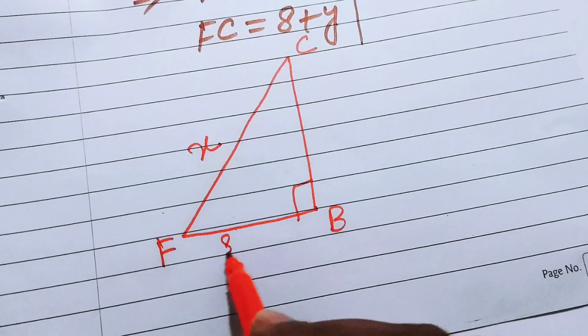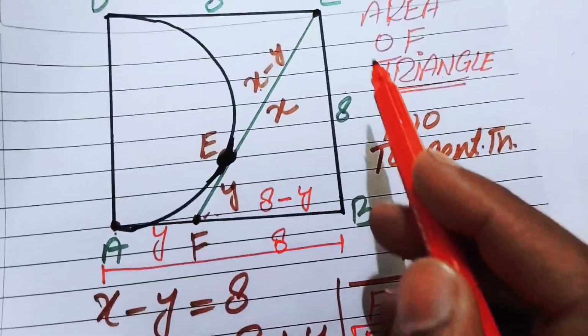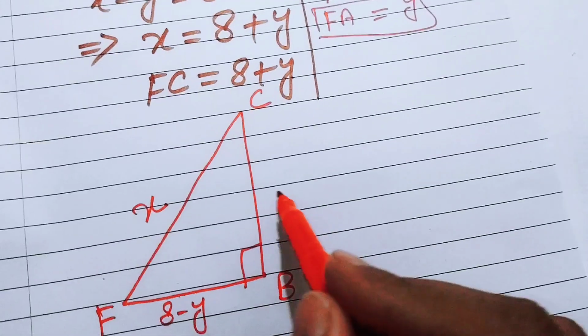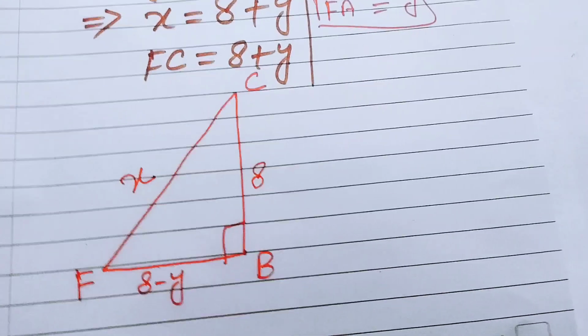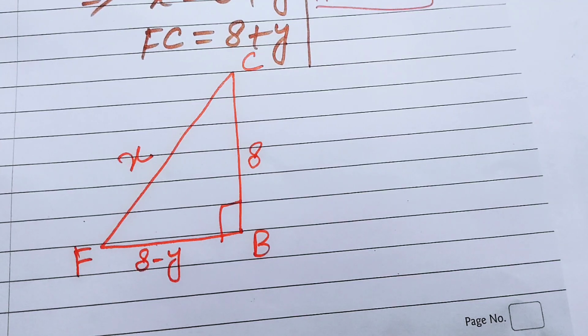And the length BC is 8, because this is the side of the square. Now we use the Pythagoras theorem, and we can easily find the values of x and y.